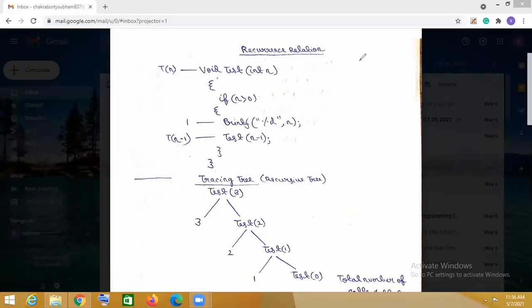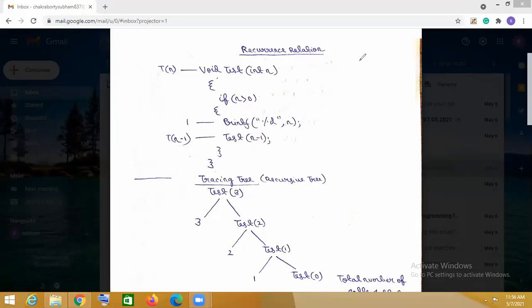Now, one thing I have to mention here: the recurrence relation is totally mathematical calculation, so this mathematical calculation should be clear to you.